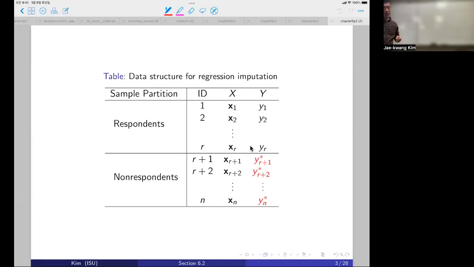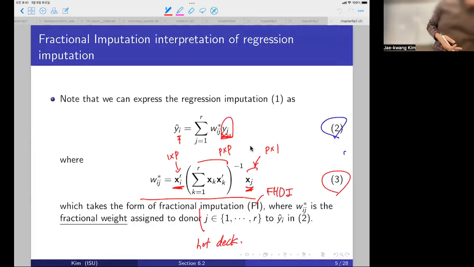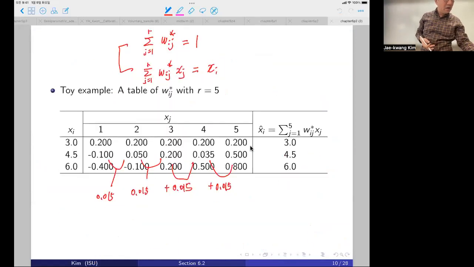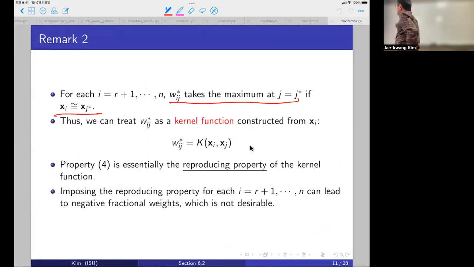So that actually gives a very interesting interpretation, which basically means that you can view it as a kernel function. A kernel function has two inputs and gives a scalar.